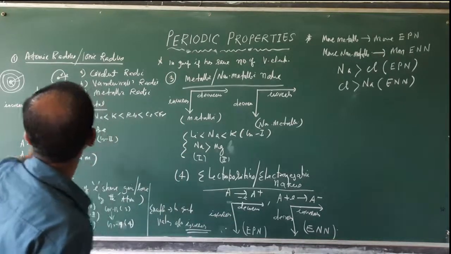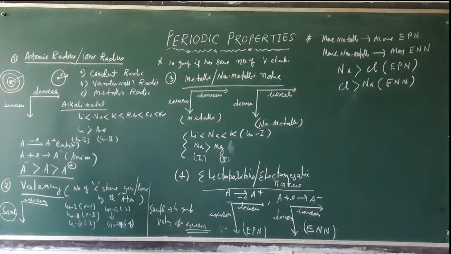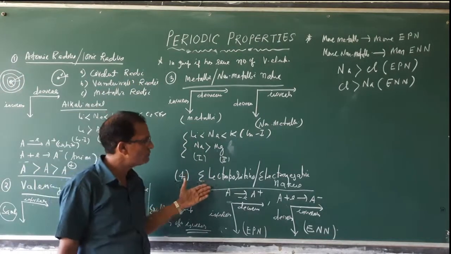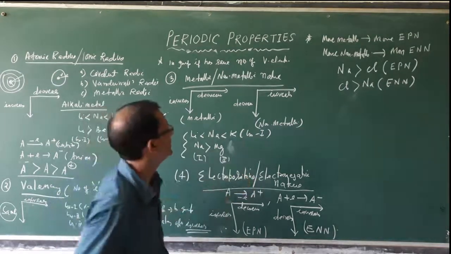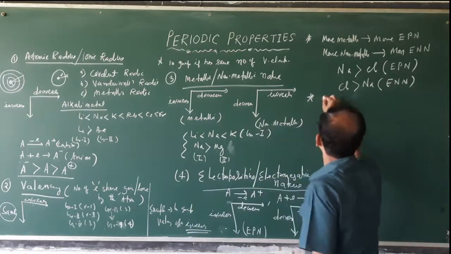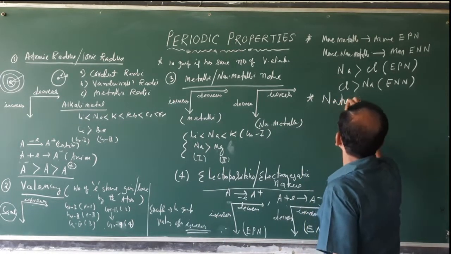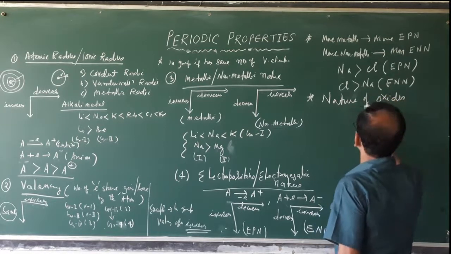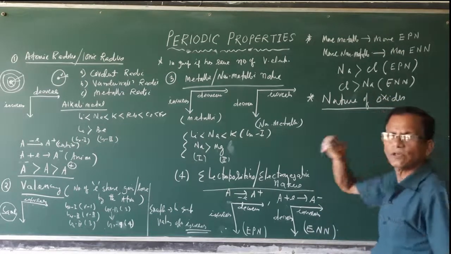So what properties have we discussed now? Metallic character, atomic radius, valency, metallic and non-metallic character, electropositive nature, electronegative nature. Then a very important remaining property is the nature of oxides.